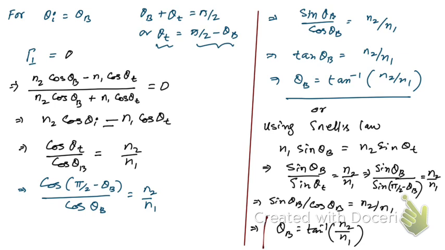So this is Brewster's law. Okay, you can obtain it using Snell's law as well. Similarly this one also, right? So hope you have understood this.